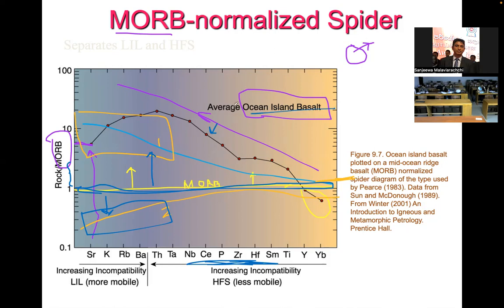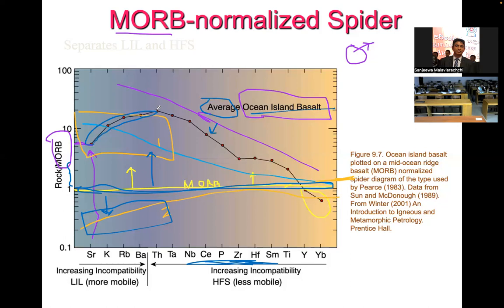Although it says average ocean island basalt composition, I don't agree with that, because here you see there is a marked decrease of highly incompatible elements. So this rock has suffered some other secondary process, I think, in my interpretation, because it has shown an abrupt change here, right?